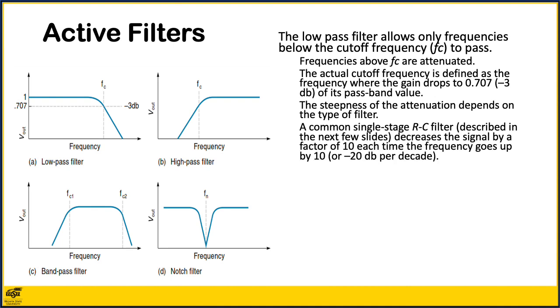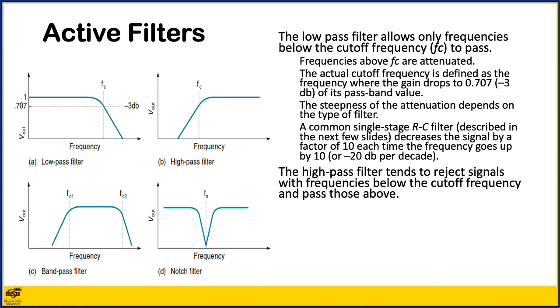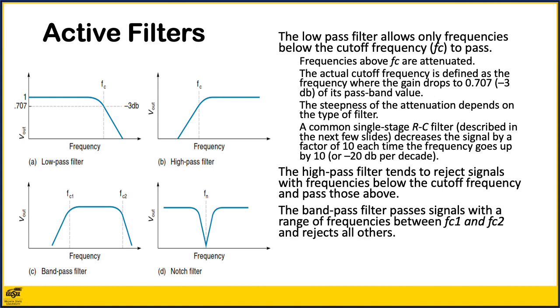The band-pass filter, figure C, passes signals with a range of frequencies between FC1 and FC2 and rejects all others. The notch filter, figure D, rejects only a narrow range of frequencies and passes all others.